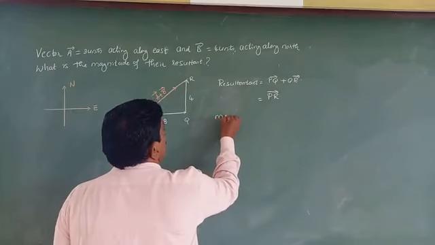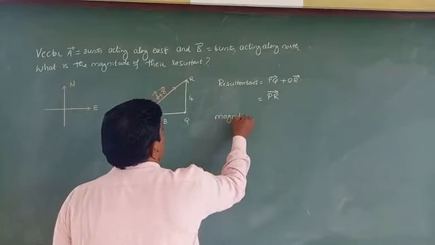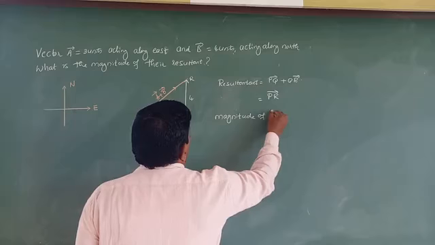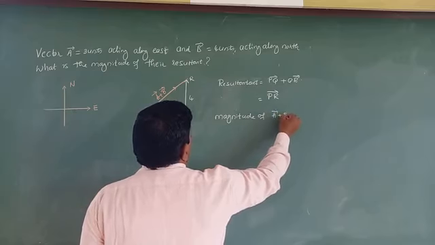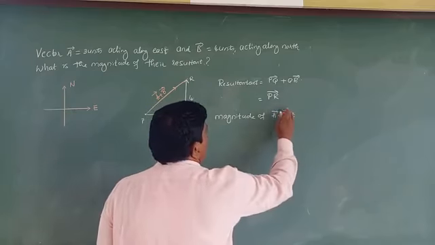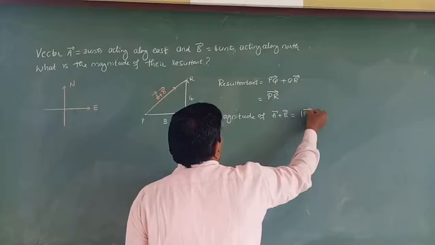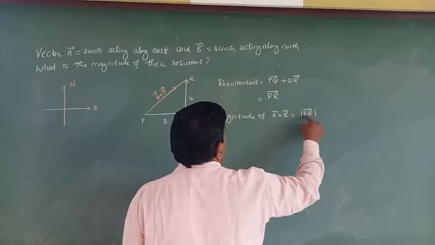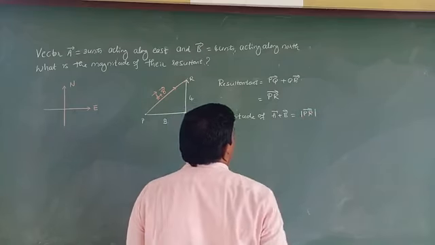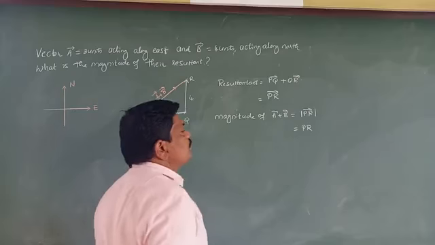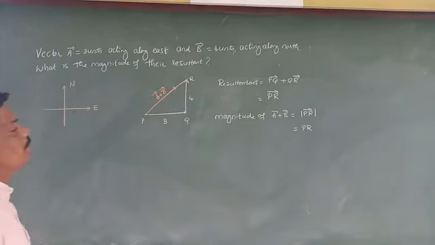The magnitude of vector A plus vector B is the same as the magnitude of vector PR. The length of the line PR is the magnitude of the resultant of the two vectors.